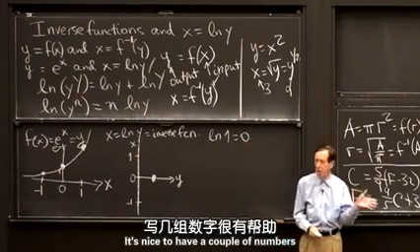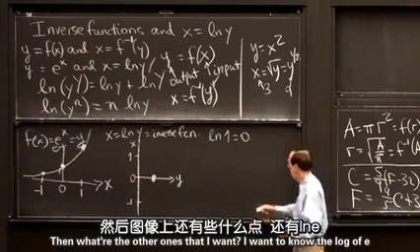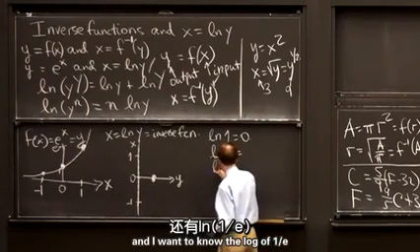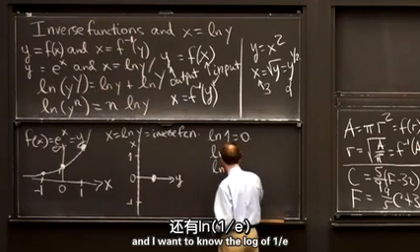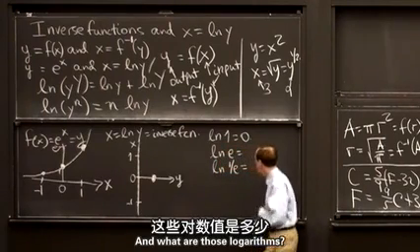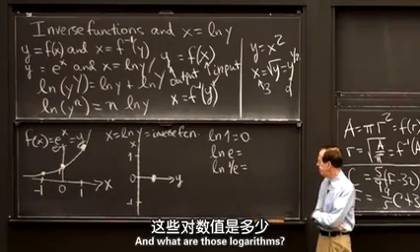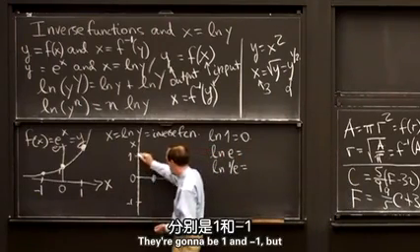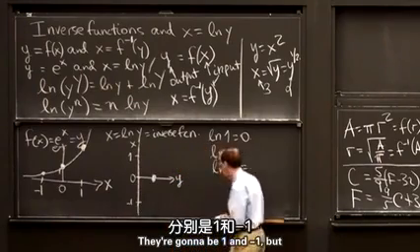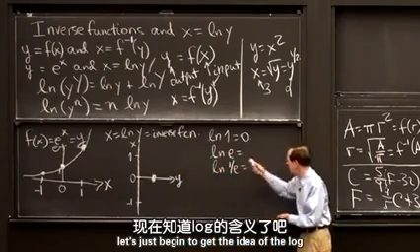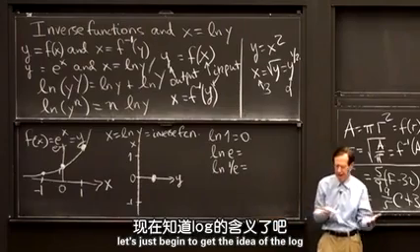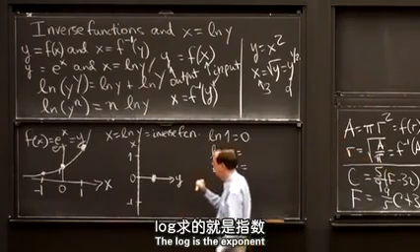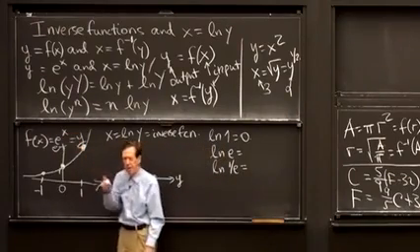It's nice to have a couple of numbers. Okay, then what are the other ones I want? I want to know the log of e, and I want to know the log of 1 over e. And what are those logarithms? I could look over here. They're going to be 1 and minus 1, but let's just begin to get the idea of the log. The log is the exponent.